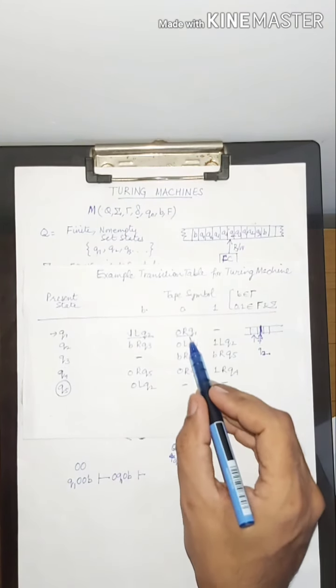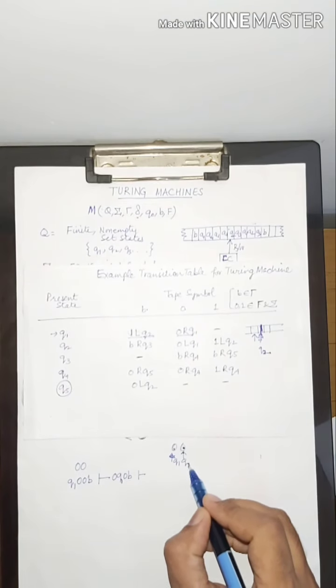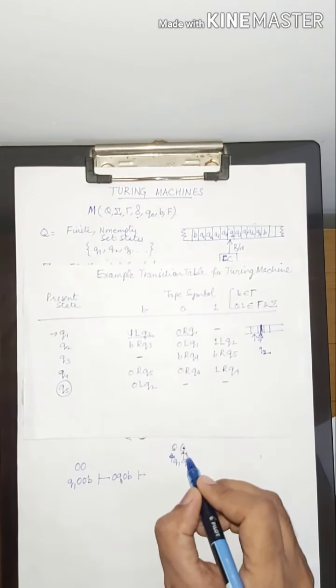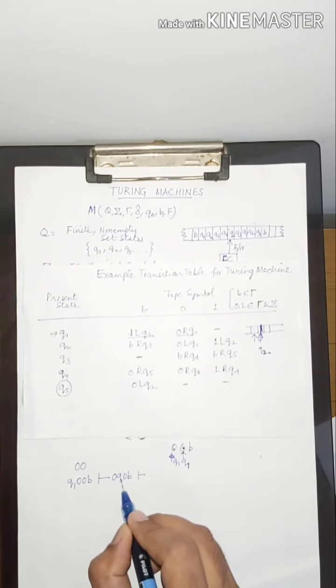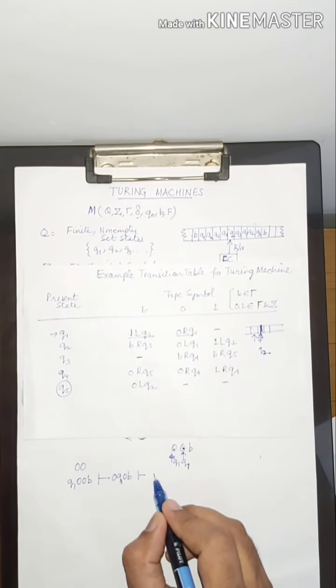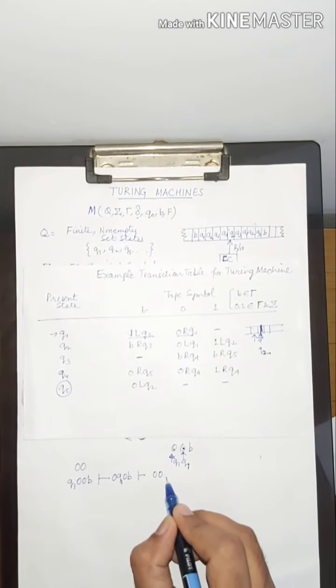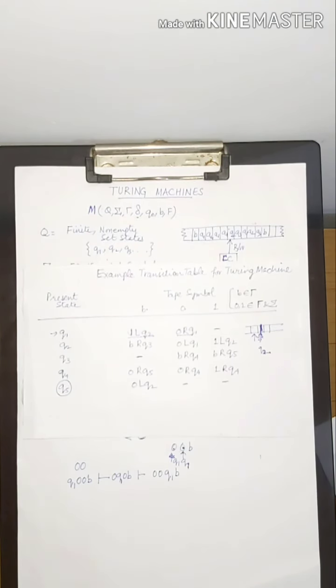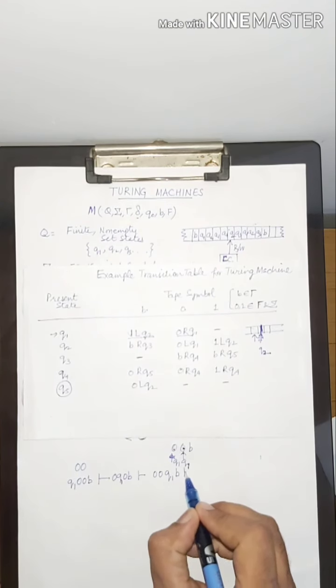And the state will be again Q1, and after that your head will move to the right. On the right is B, so it will go on. So 0 0 Q1 B. Is that clear? Let's see one more step.